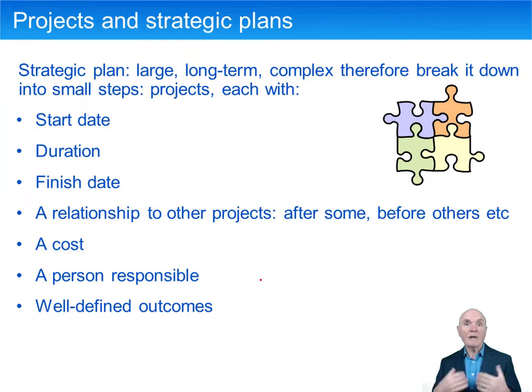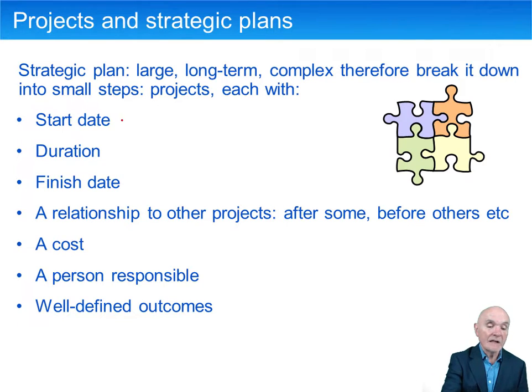Then you have to train them, and so on. So what we do is to get a whole strategic plan accomplished, we break it down into little manageable chunks or parts. Each one of them is a project. And that becomes manageable because each one can be given a start date, a duration, and a finish date.